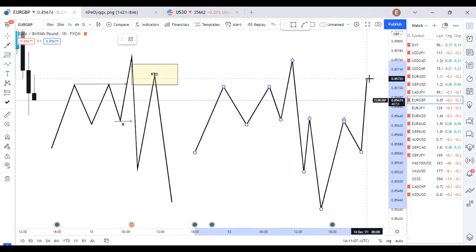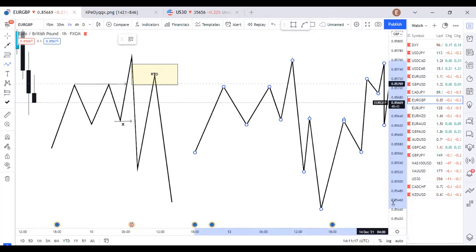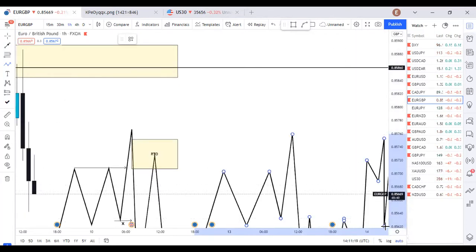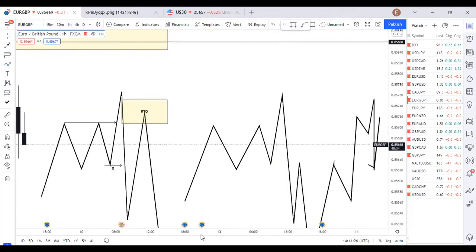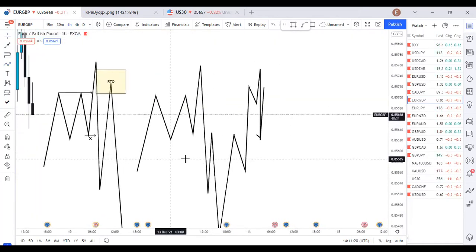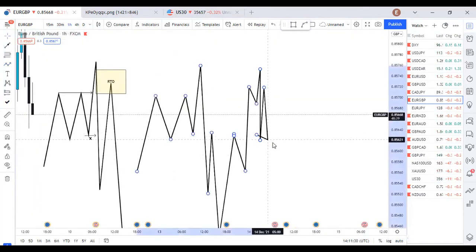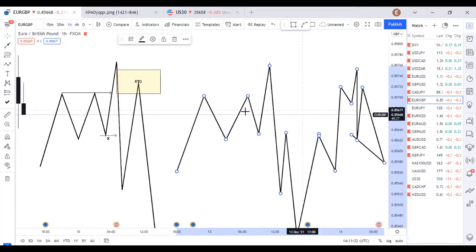If it tests, it doesn't mean in this case I will enter there and then. I would wait for yesterday to be taken, breaking market structure, the clean breaking market structure, and shoot to the downside.